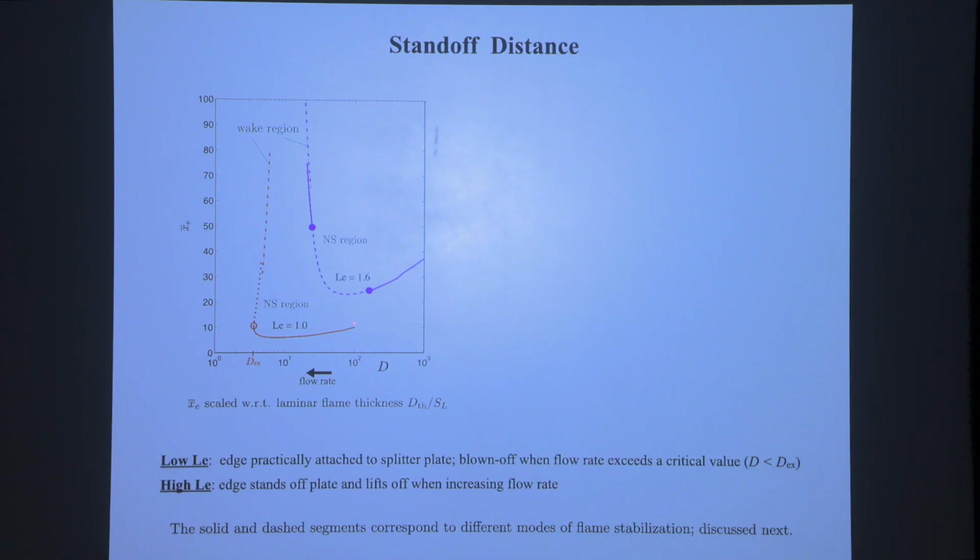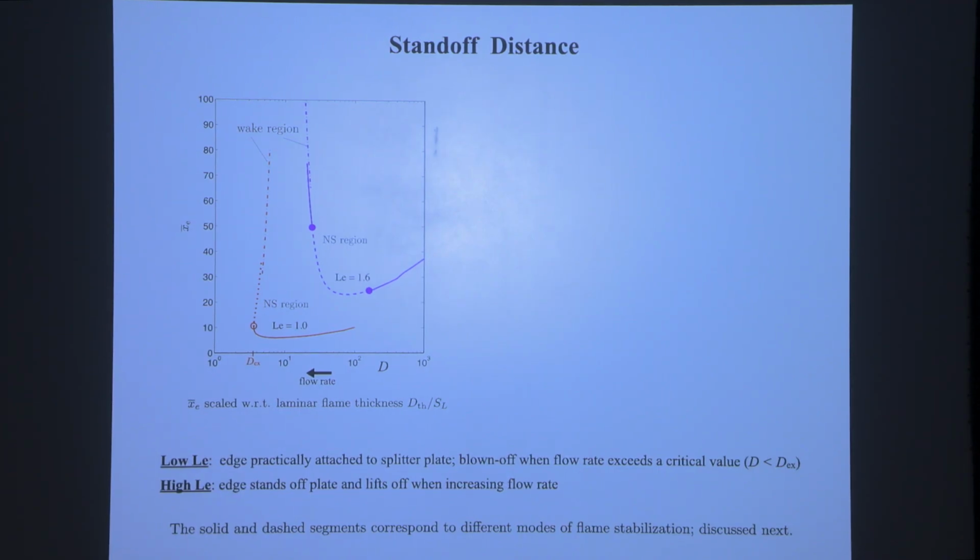So you see, for Lewis number, let's say 1, when you increase the flow rate, the location of the flame gets closer and closer to the plate, essentially. Slightly closer, but closer to the plate. And then there is a point here where it cannot get closer. This branch leans backward, and so it's unstable, which can be proven.